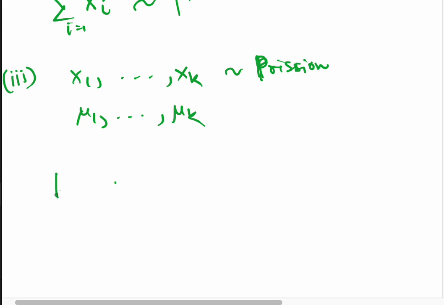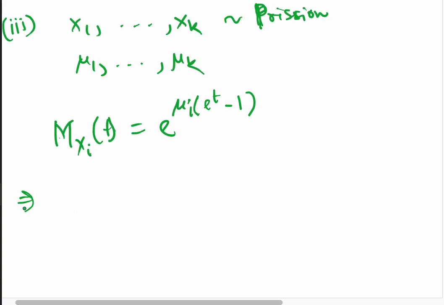We know that the MGF will be e to the power mu into (e to the power t minus 1), so that is mu i.